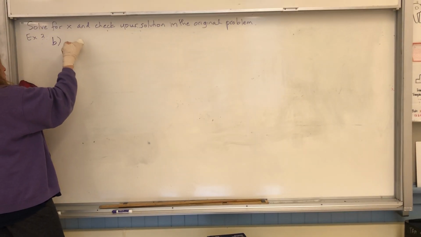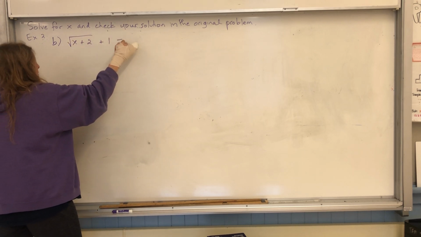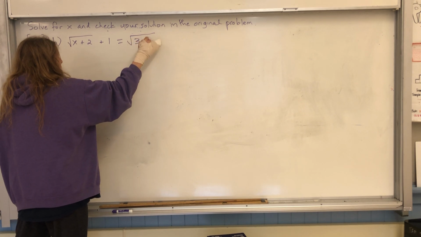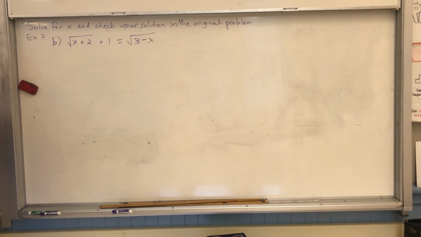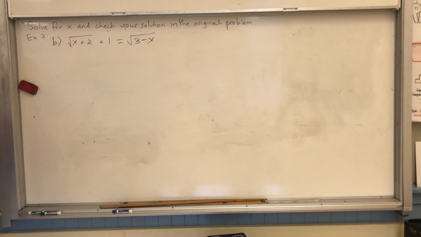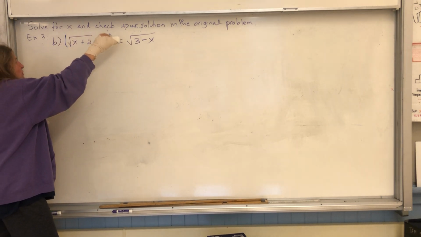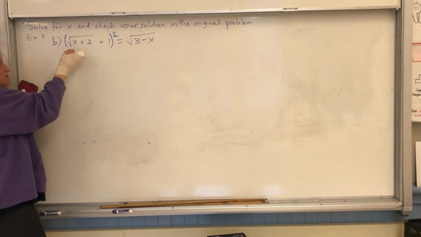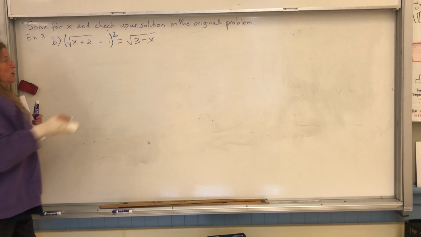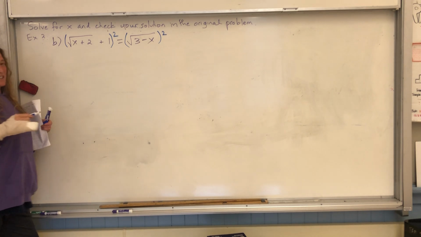I'm going to have the square root of x plus 2 plus 1 on this side and the square root of 3 minus x on this side. Now it's really tempting to just square everything individually. But we know from the problem we just did, when I square an entire side of the equation like this, it doesn't mean just square the individual terms, right? It means we're going to have to FOIL it.